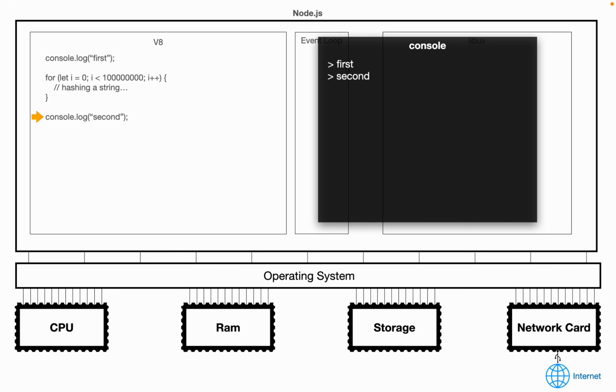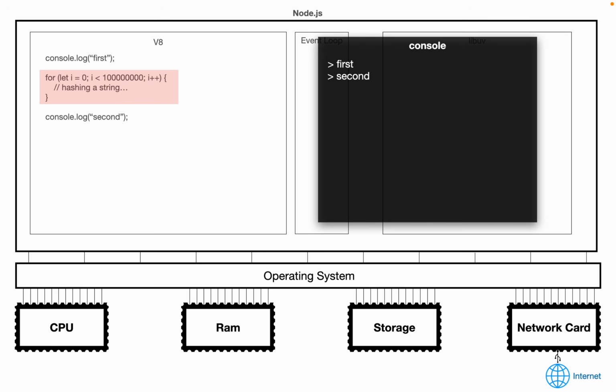The important thing to understand here is that while this for loop is running, my whole Node.js process becomes unresponsive. I can no longer fetch a file from my storage, I can no longer respond to an HTTP request or send a request to the outside world. I can't even log a single string to the console.